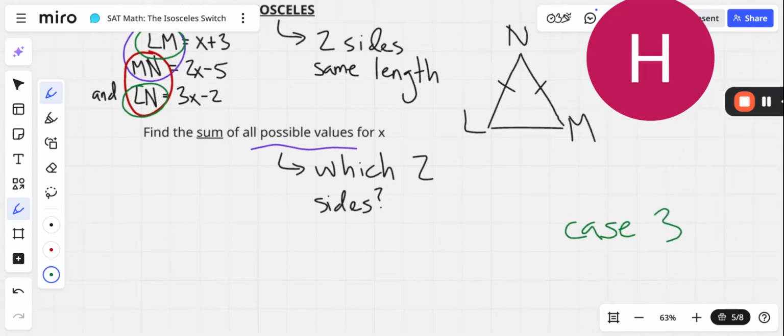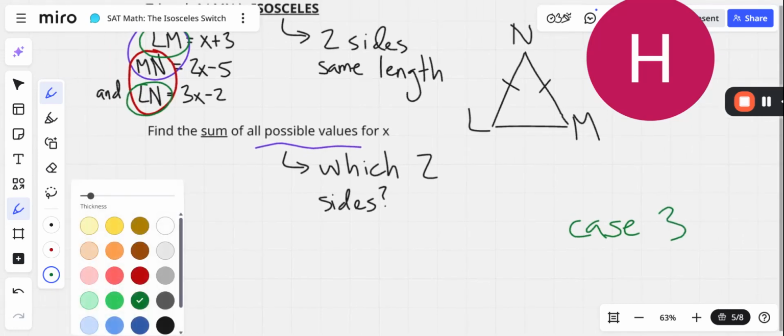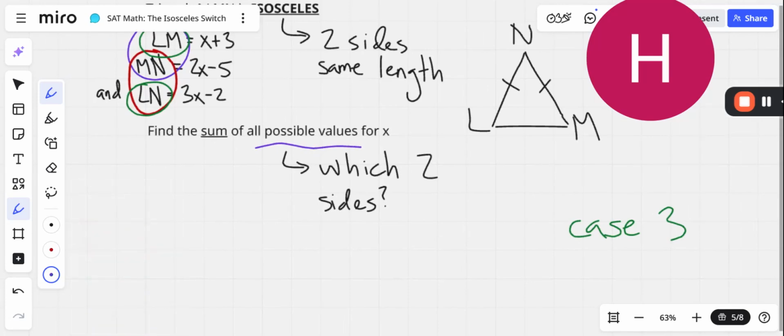Let's call this case 3. Let's call the purple, where's my purple? Let's call the purple case 1. And let's call the red case 2. Once you break it into these three cases, we'll find a value of x for each of them, and then we'll add all of those values of x together.